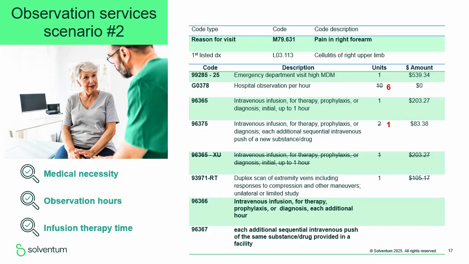We deleted the 96365 because the documentation did not clearly indicate that 2 separate lines were being utilized, and we added the 96366 and 96367 to support the infusion services. We also changed our reason for visit from cellulitis to the reason why the patient initially came in, which was pain in the right forearm, to meet medical necessity for that duplex scan. So observation services are complex, but it is important that we get them right.